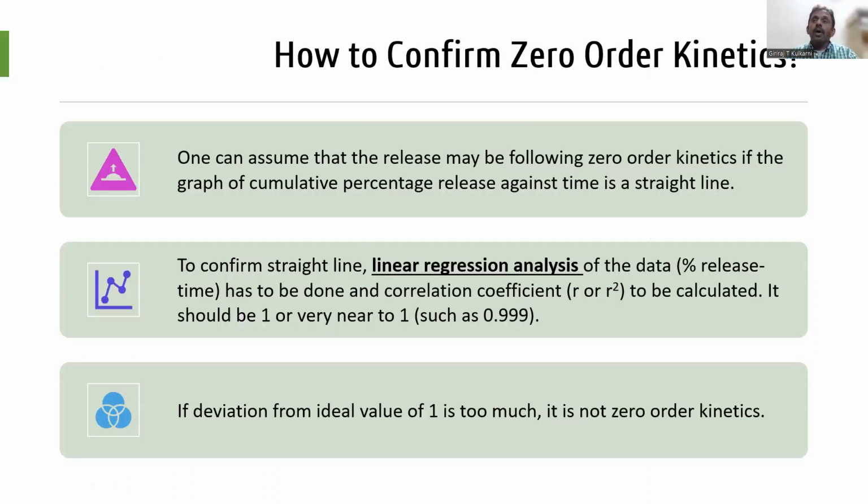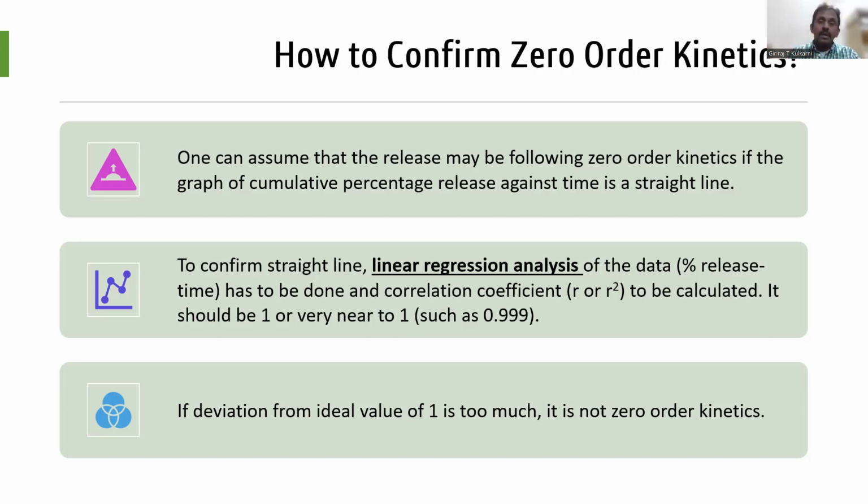Now, when we want to plot zero order kinetics, how are we going to confirm it? That is the question. Usually, for any dissolution data, first we plot percentage release against time.